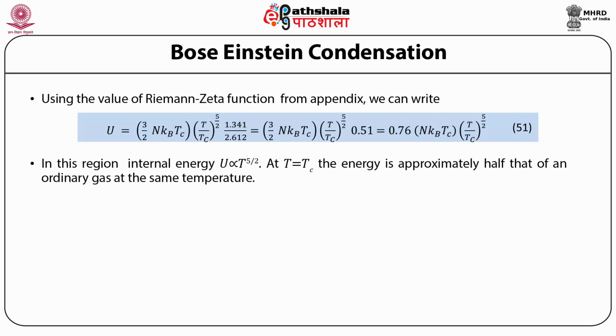In this region, internal energy U is proportional to T raised to power 5/2. At T equal to T_c, the energy is approximately half that of an ordinary gas at the same temperature.